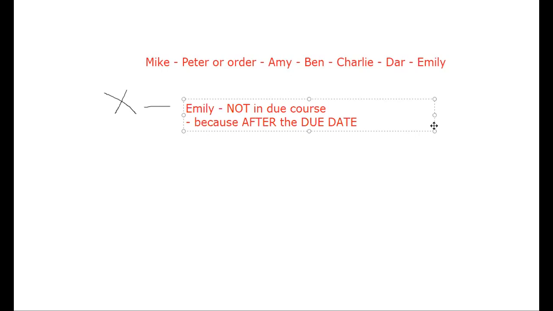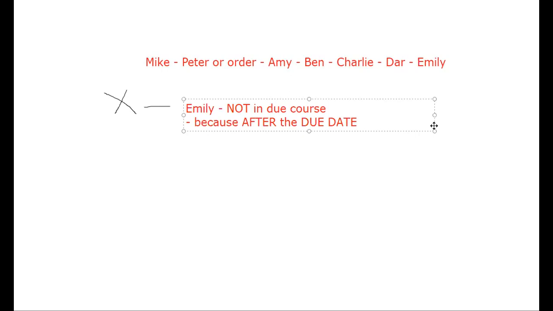Considering that X was now able to present proof that at the time Emily received the instrument, she received it after the due date, the presumption that Emily is a holder in due course is no longer applicable. If Emily wants to be treated as a holder in due course, then she must present evidence that she is a holder in due course.